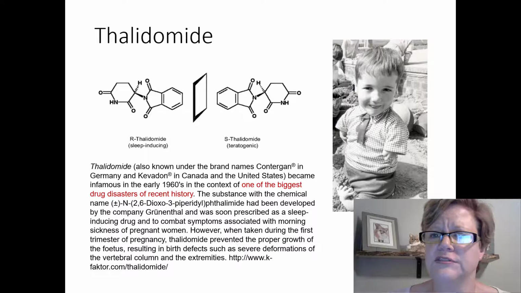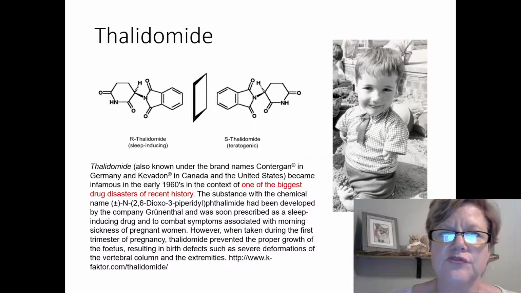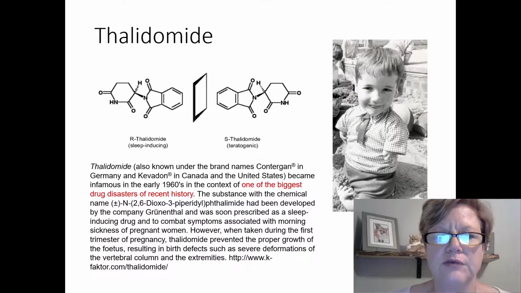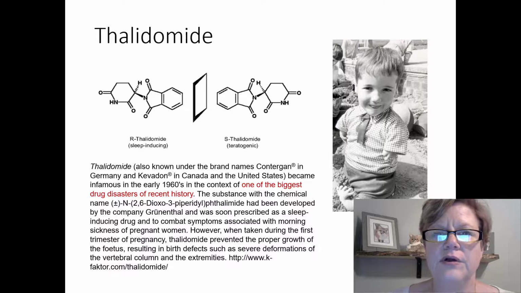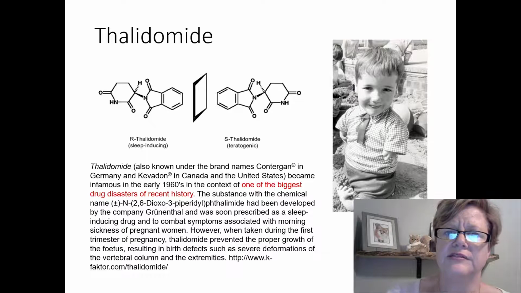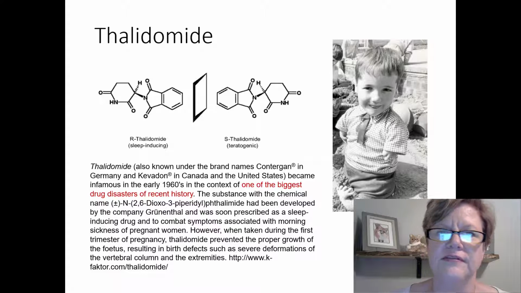And probably the worst disaster, the worst example of a mistake that was made regarding isomers, is in the 60s, there was a drug called thalidomide that was synthesized. And what they didn't realize was that one isomer of thalidomide was helpful to pregnant women, and it helped them sleep and such.